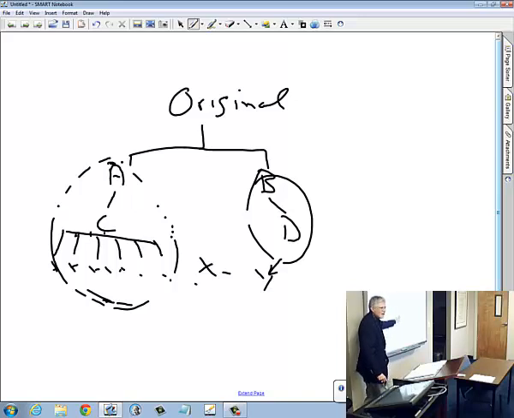X has that whole massive group. Now, it would appear objectively that it's 9 or whatever against 2.